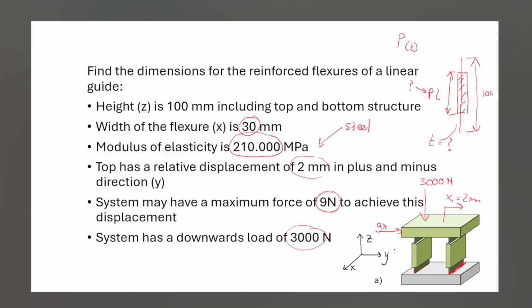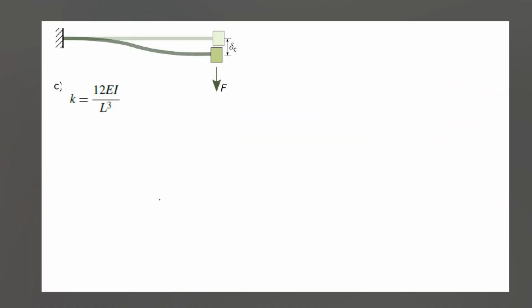First let's see in what kind of ballpark we are. The first thing I'm going to do is calculate how thick this thing should be if we have no reinforcement whatsoever. Then we get this formula, where the stiffness K is 12EI over L to the third.